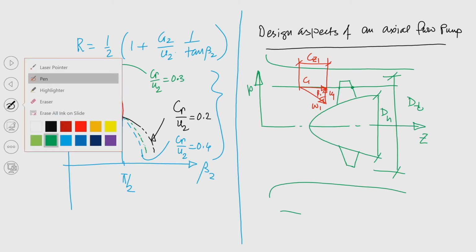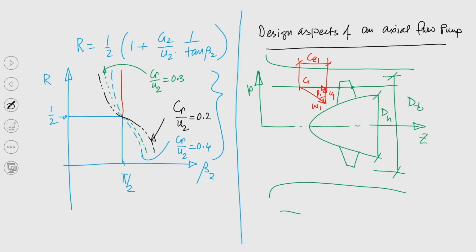using say blue color. So, this will be U2, this will be C2 and this is W2, and this angle is beta 2.